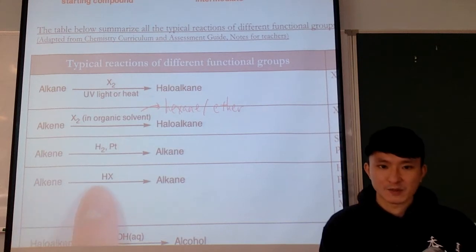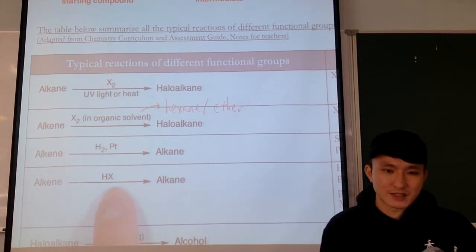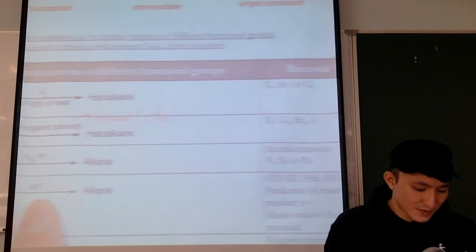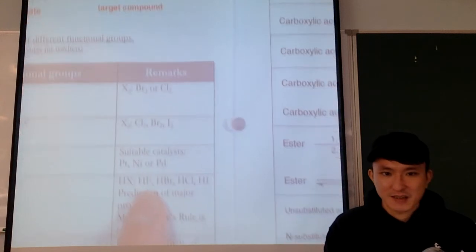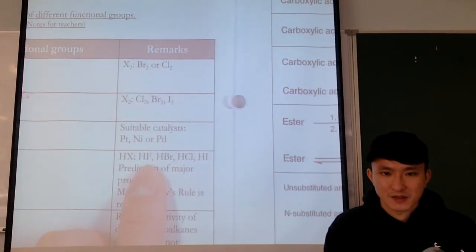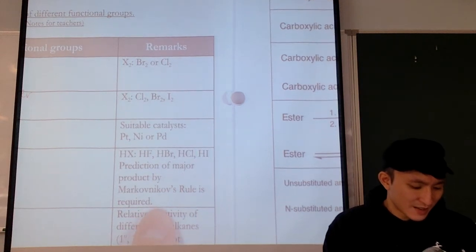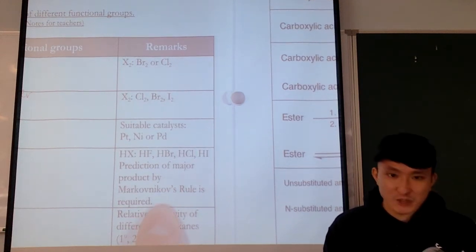Alkene can also react with a hydrogen halide to form haloalkane. This one is often in gaseous state. So here you see HX, this time it includes HF, okay? And this one, you see, it also wants you to predict the major product using Markovnikov's rule, okay?